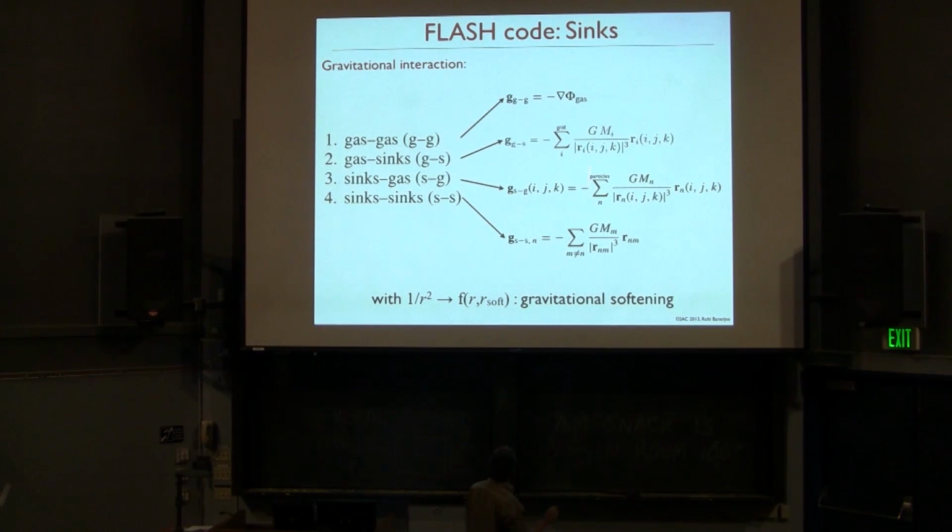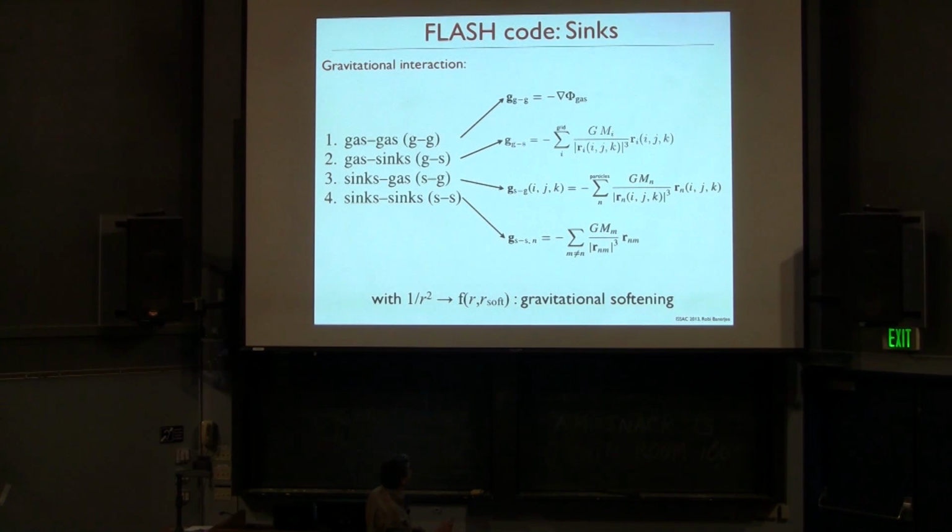There's no modification needed. So this is just solving the Poisson equation the way you like it, either with a multi-grid or with the tree-based solver. Then you have essentially interaction of the grid. So the mass on the grid has, of course, an influence on the gravitational acceleration of the sink particle.